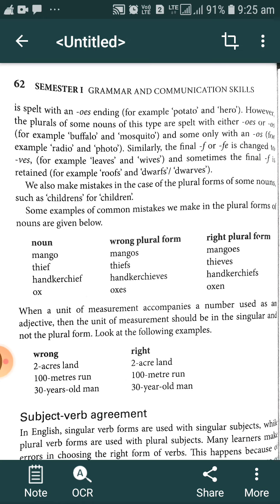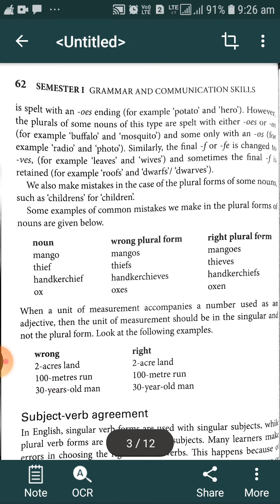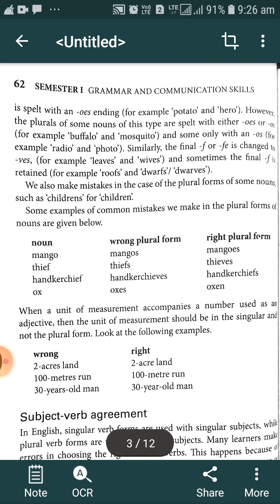When the unit of measurement accompanies the number used as an adjective, then the unit of measurement should be in regular singular and not the plural form. Look at the following example: 2 acres land. This is the wrong plural form.